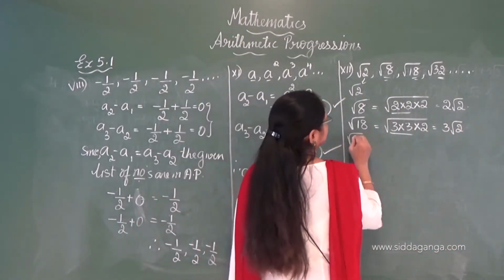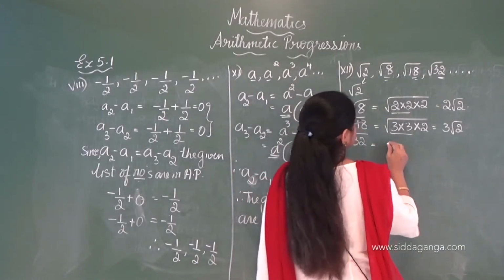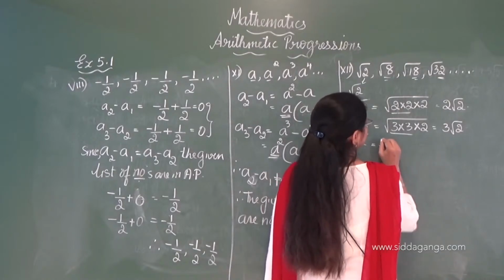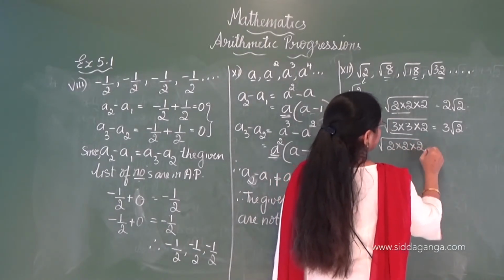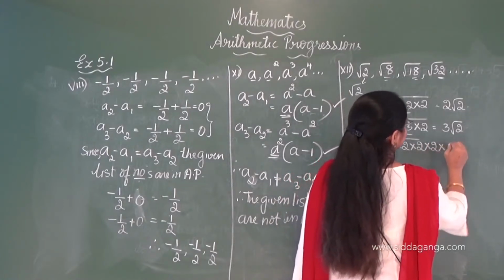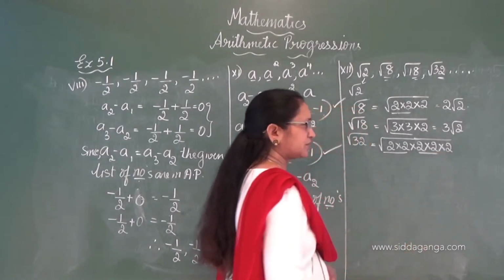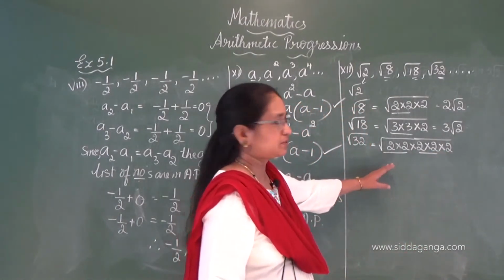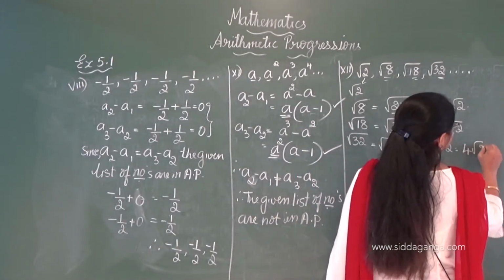Now, root 32. Here also 2 4s are 8, 8 2s are 16, 16 2s are 32. You can write it like this, or 4 into 4 into 2 also you can write. So here you will get 4 root 2.